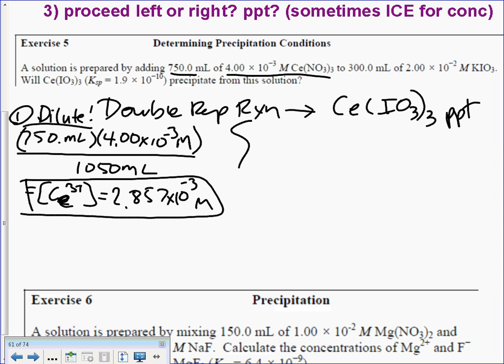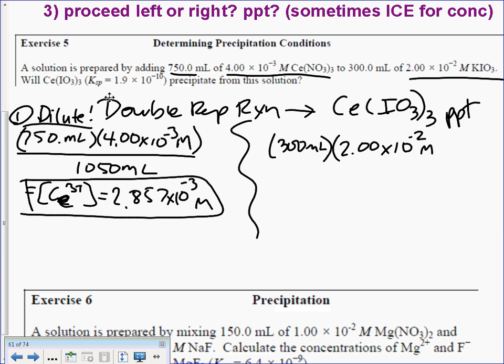Same thing for iodate. So iodate was 300 milliliters times its given concentration, 2.00 times 10 to the negative second molar of KIO3, over the total volume of 1050 milliliters.